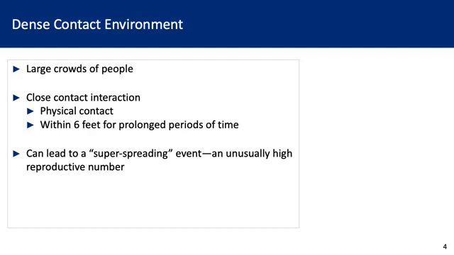If the case frequently has close contact or interactions with others, including physical contact or being within 6 feet for prolonged periods of time, these kinds of contacts can lead to what we call a super spreading event. And that means an unusually high reproductive number. On average, you know that someone who's infectious, who has COVID-19, could infect 2 to 3 other people.